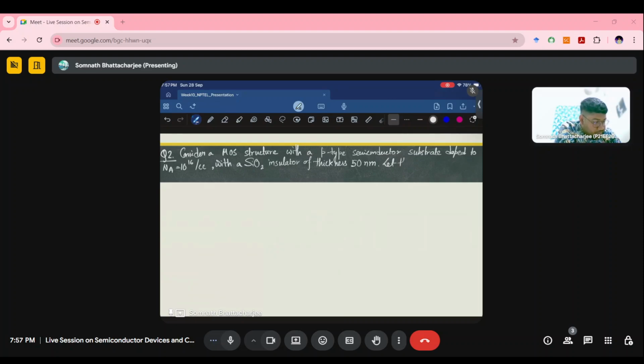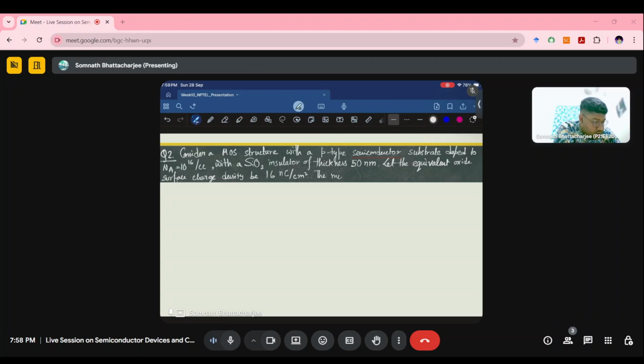Let the equivalent oxide surface charge density be 16 nC per centimeter square.